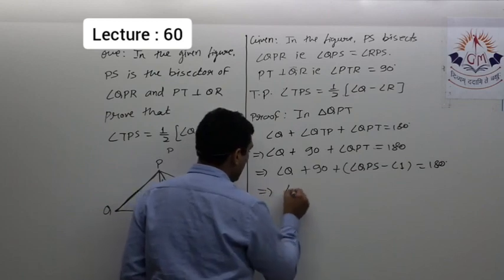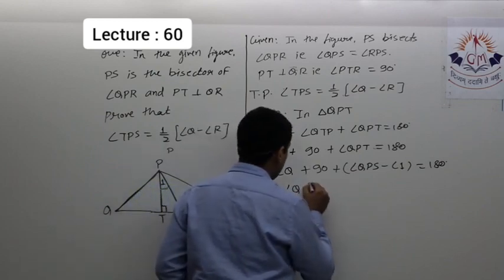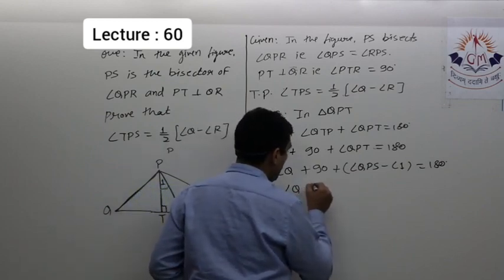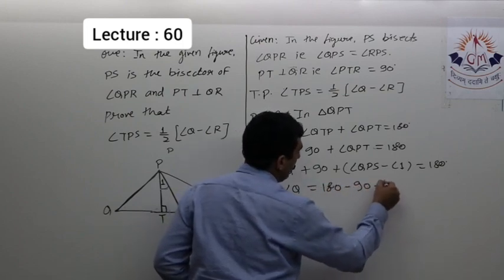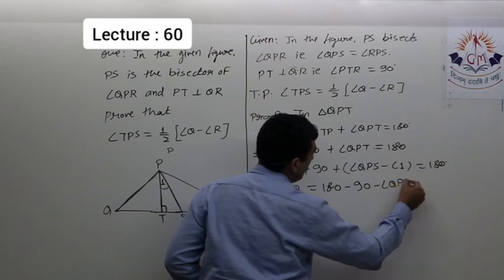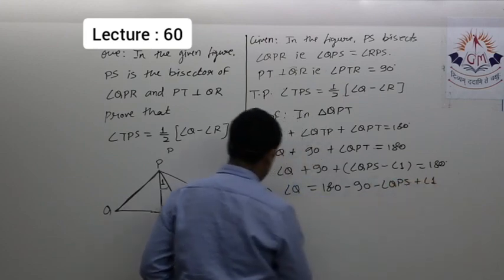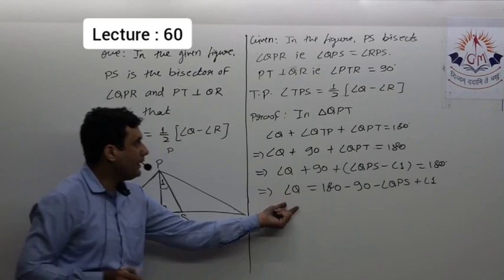So ultimately angle Q is equal to 90 minus angle QPS plus angle 1. Okay, I'm writing angle Q.